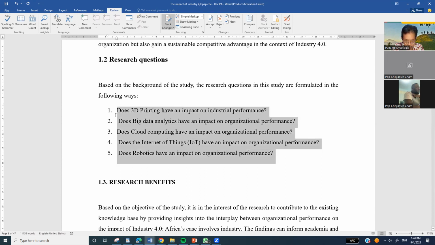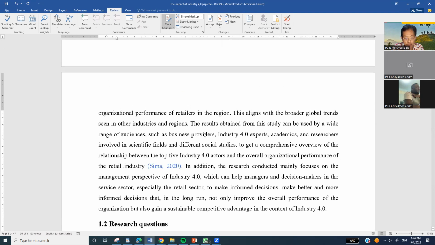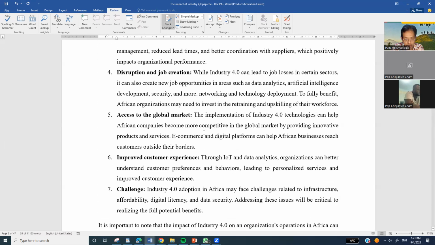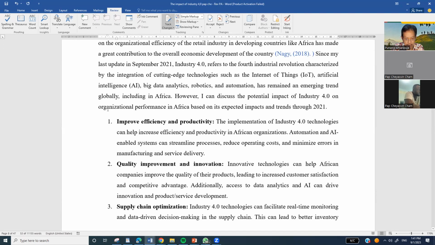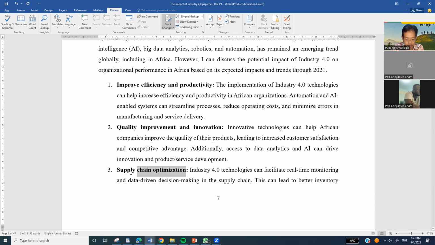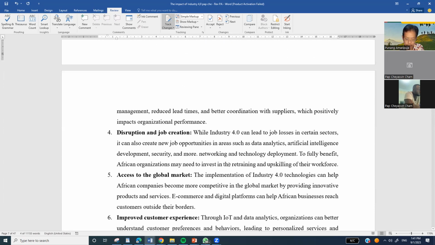Either you would be using these types of industrial revolution advances, or you might want to use this, for instance. Improvement of efficiency, improvement of quality, optimization of supply chain. That might be an alternative way to ask about Industry 4.0.